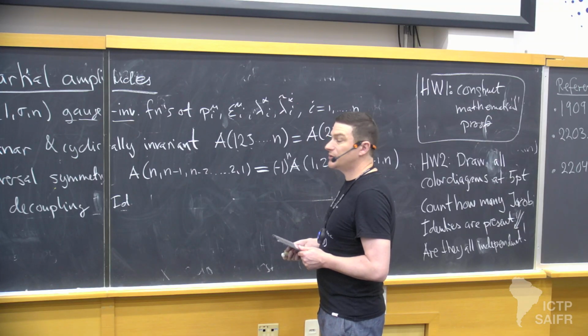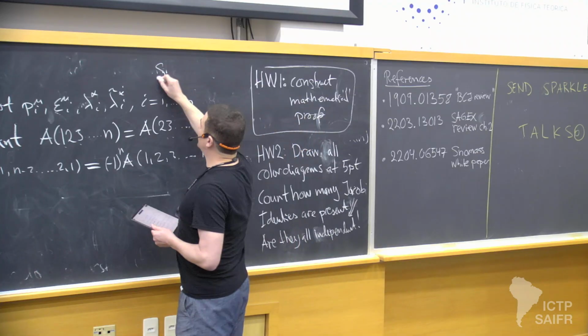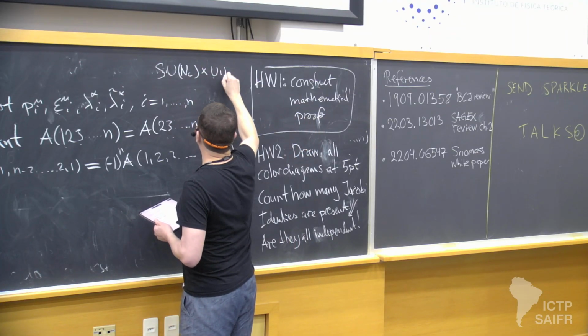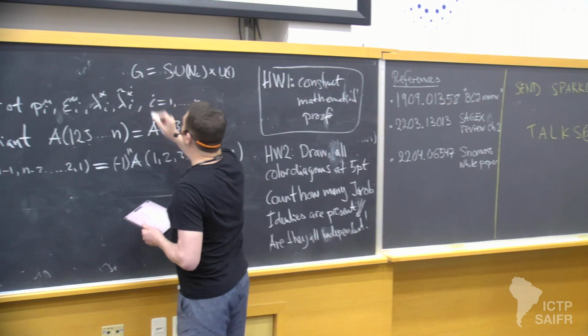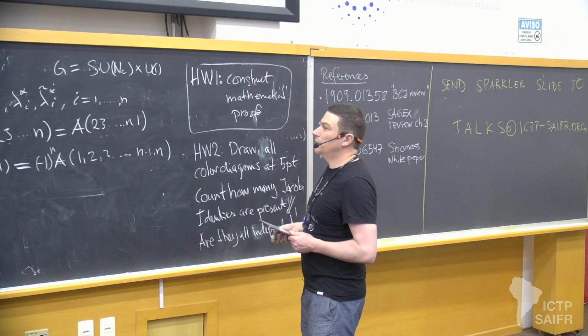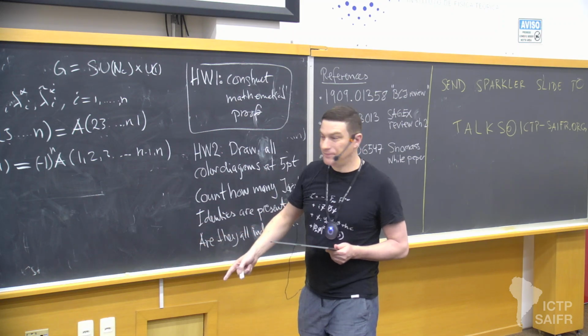So the statement is that if you have a U1 photon as part of your gauge group, let's say you have SU(NC) times U1, then your amplitude has to vanish if one of the external particles is a photon.